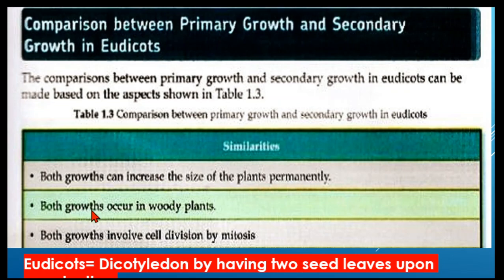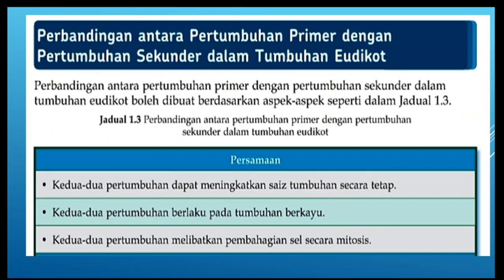Both growths occur in woody plants, and both growths involve cell division by mitosis. Okay, so apa itu eudicots? Eudicots itu adalah sama seperti dicotyledon, having two seed leaves upon germination. Okay, this is the Malay version.